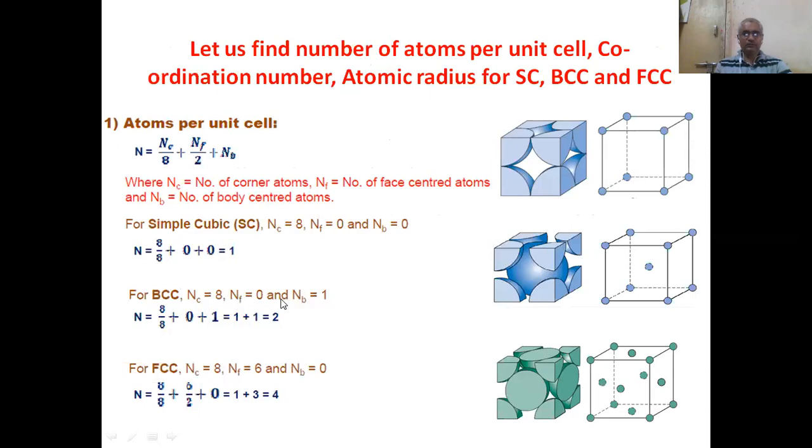We have also calculated the number of atoms per unit cell for different cubic lattices, that is simple cubic, body centered cubic, and face centered cubic. You have seen the number of atoms per unit cell for simple cubic is 1, for body centered it is 2, and for face centered the number of atoms per unit cell is 4.